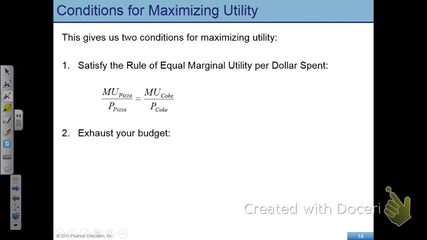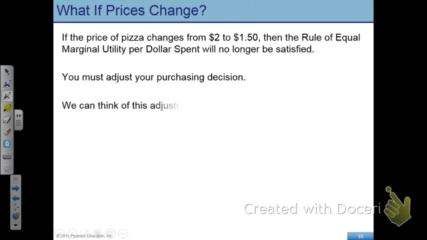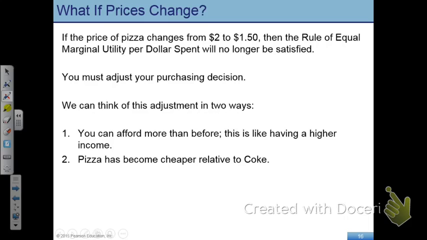Now, imagine that the price of pizza has just gone down from $2 to $1.50. This is like a reduction in the price of good X, right? So your pizza is now cheaper, from $2 to $1.50. How should you respond to that change in price? So if the price of pizza goes down, and we are going to assume that pizza and Coke are both normal goods, we are going to have two effects of this change in the price of pizza.